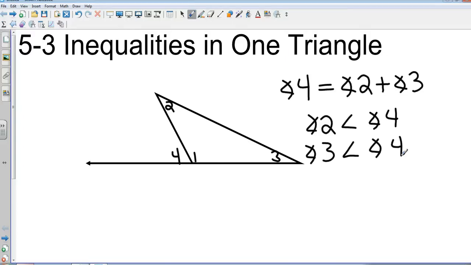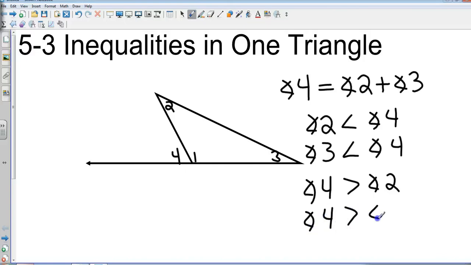I can rewrite that a different way. I could say angle 4 has to be greater than angle 2, and also angle 4 has to be greater than angle 3. So those are just some different inequalities that I could write from that triangle.